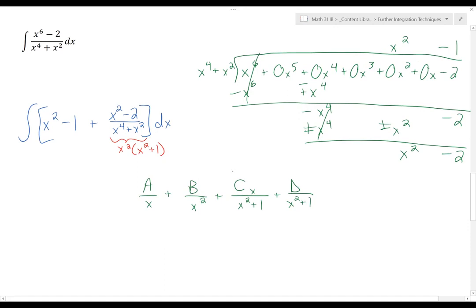What I've done slightly differently in this question is I've already split up that linear over the x squared plus 1. And I want you to note what I've done here with the x and the x squared.